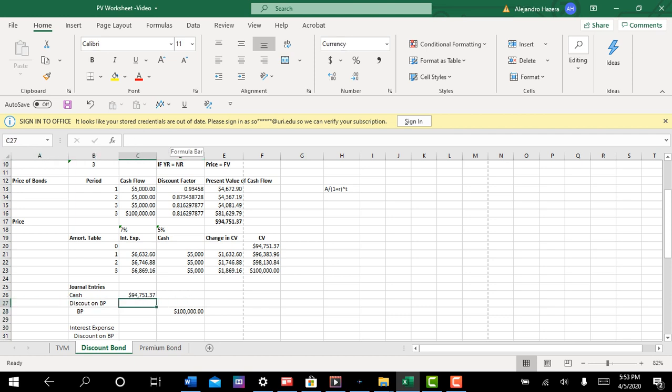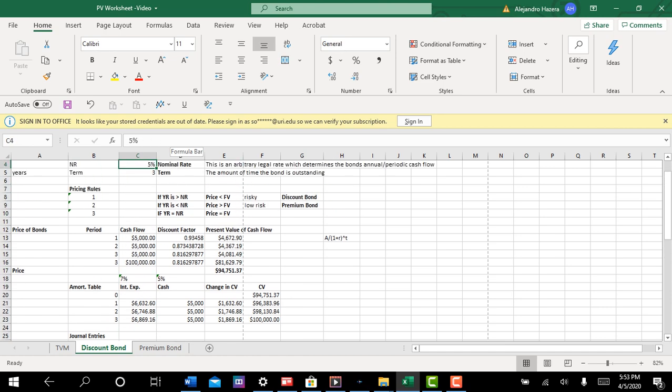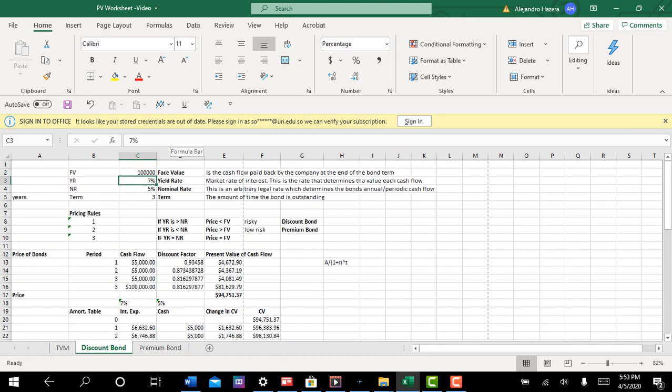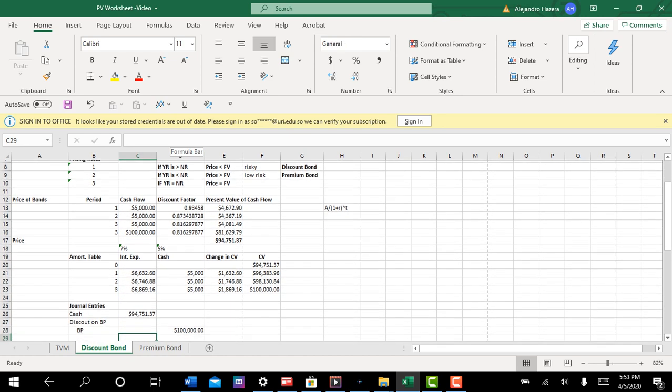Okay, so what's the difference? The difference is you've got a liability. You're going to pay $100,000 at the end of 3 years, but you're only receiving 94,751.37. The reason is you're a risky company. Whenever your yield rate, which is your risk, is higher than the nominal rate, then you're a risky company and you're going to get punished. And so this discount is a punishment.